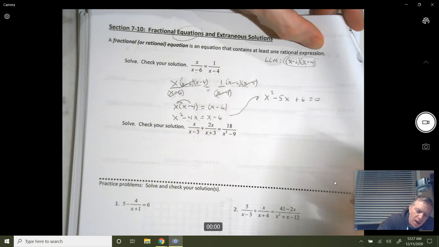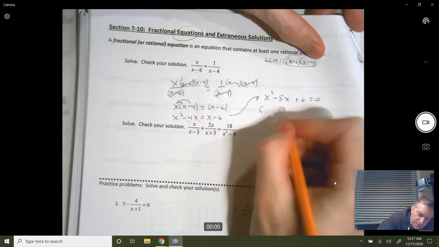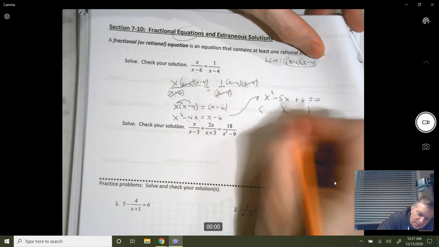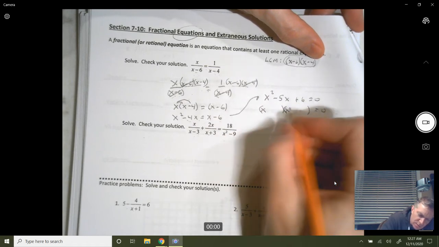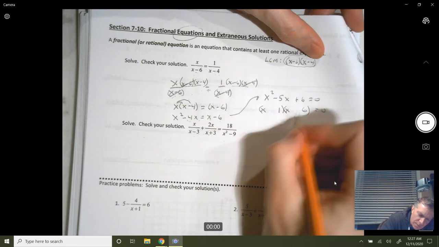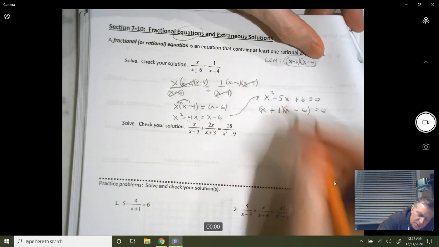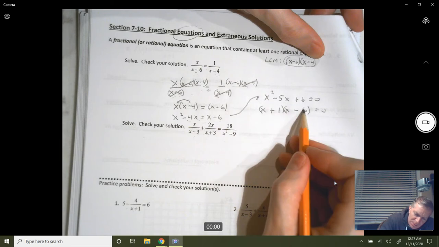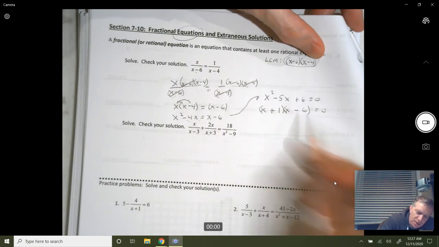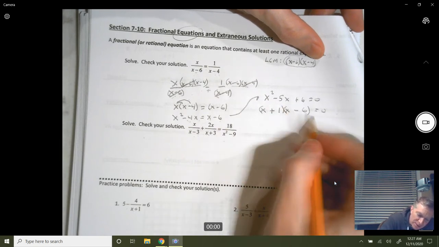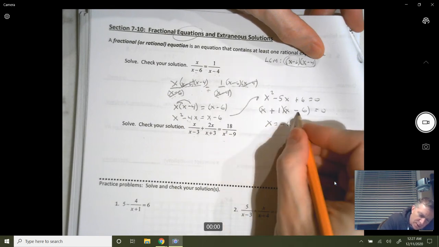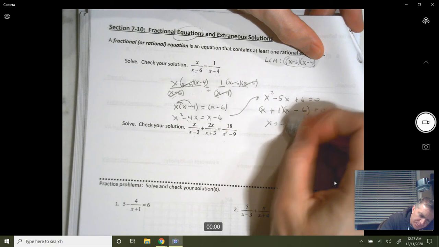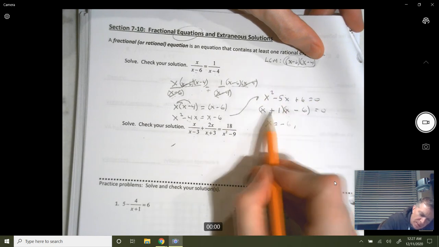And then we can factor, multiply to 6, add to negative 5. So an x and an x, and 6 and 1. We want minus 6 and plus 1, because x squared minus 6x plus 1x minus 6. So our solutions to the equation are going to be x equals 6 and x equals negative 1.